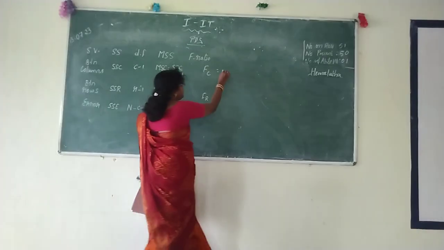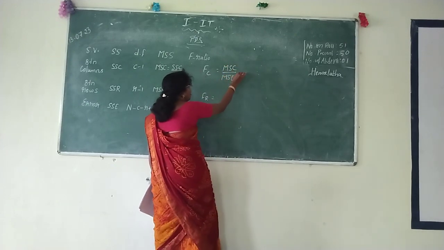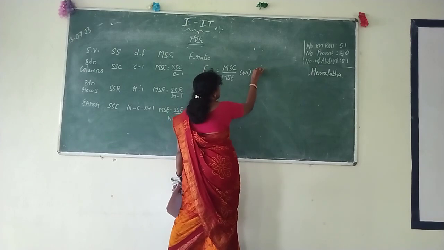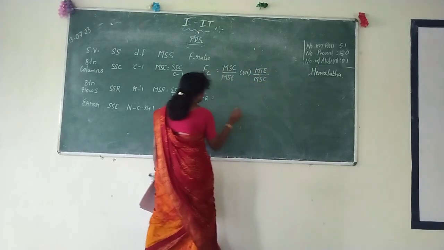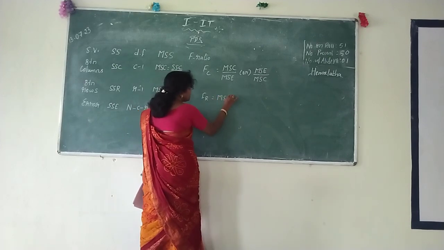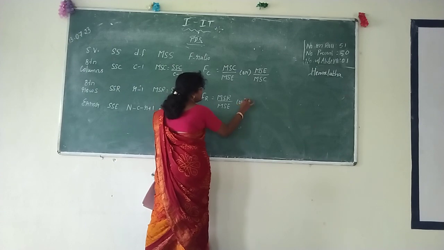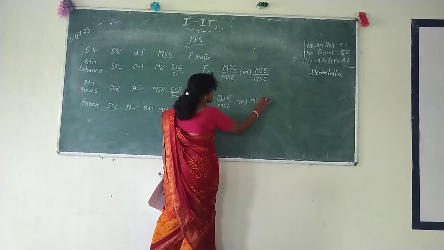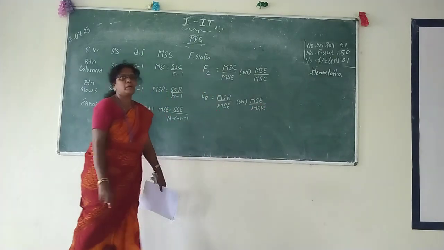So FC will be MSC by MSE, or MSE divided by MSC. Similarly, for row, MSR divided by MSE, or MSE divided by MSR. Because our F ratio should be greater than 1.